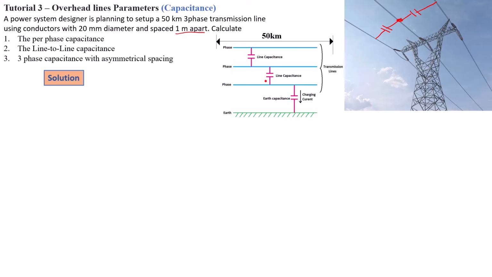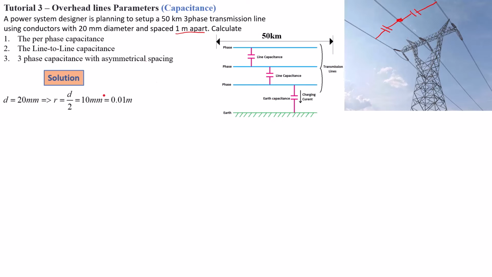As it is quite evident that these capacitances will play a very crucial role in long distance transmission lines, especially in high voltage transmission lines, as we're going to see when we start calculating the transmission line calculations, pi methods, and so forth.